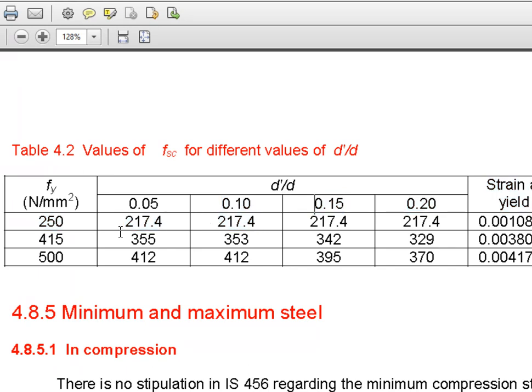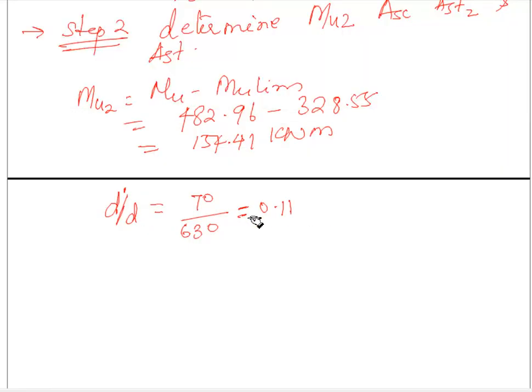So we have 415 grade steel. For 415, we have to interpolate between 0.11 and 0.15. It will come somewhere near 353, somewhat near 354 point something. So using that table you can find FSC.